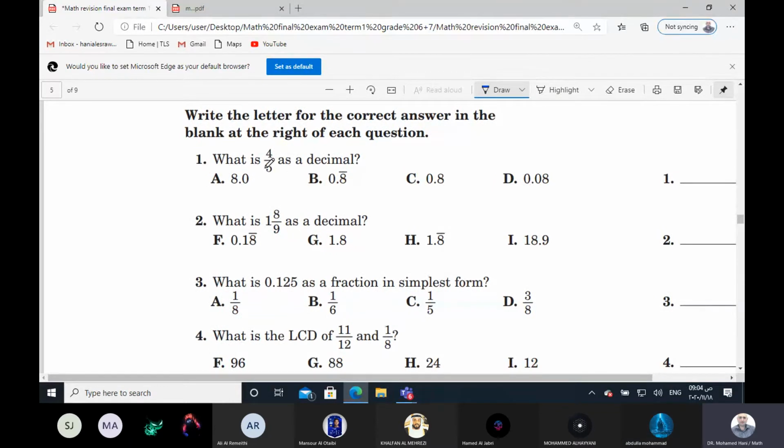What is 4 over 5 as a decimal? Here we have two ways. We can do long division between numerator and denominator, or we can look for a number multiplied by 5 that will be a power of 10.